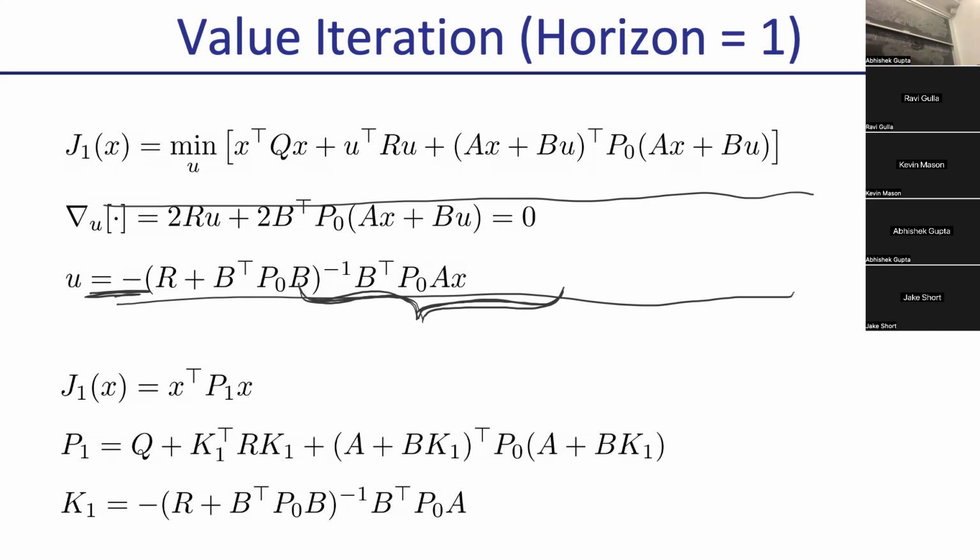At 0 time steps to go, you had action as 0, and the cost was X transpose P0 X, where P0 was Q. Now we've got 1 time step to go, where you have a linear feedback controller, which can be expressed in terms of P0, which is like taking 1 step in the future. And then you've expressed the cost as quadratic in terms of P1, and P1 can be computed using the previously computed P0. And so the point is now you can just apply a recursion on this.